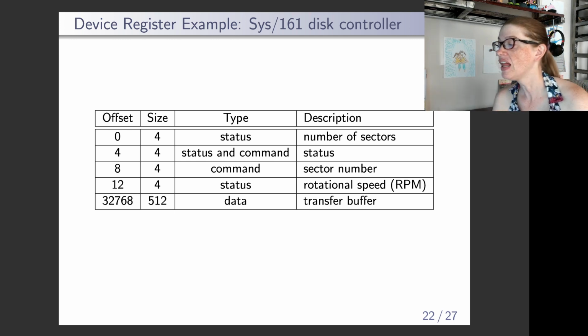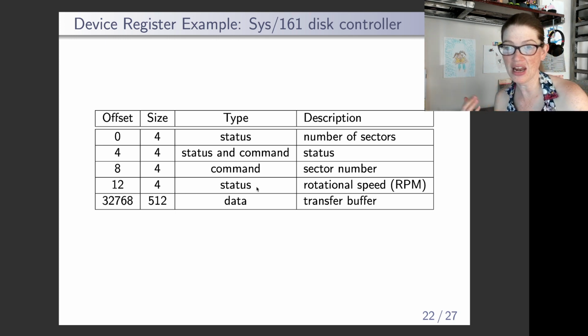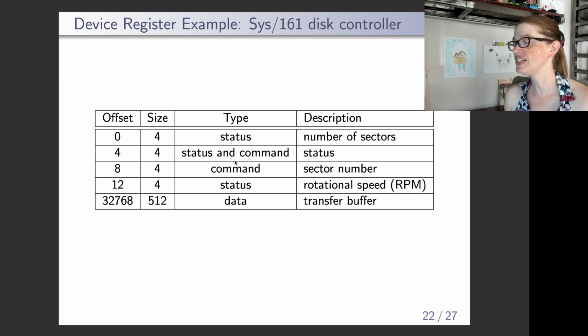So for example, into the status register, you write, I want to write. And then once you write sector 57 to the sector number, the disk would then perform a write. Then we have another status register for the rotational speed, and you can imagine this is used in estimating how long an operation is going to take.